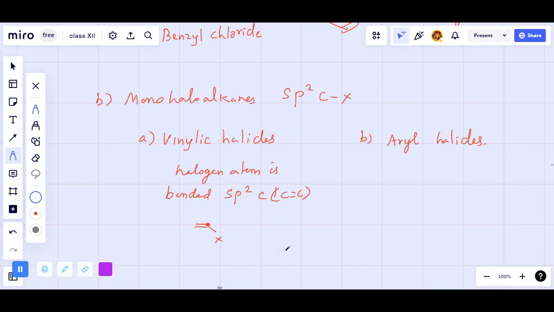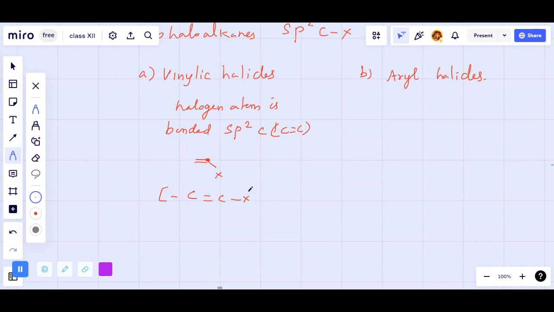Again, I'll give another example: C double bond C X. Suppose the compound is like this, the carbon bearing the halogen itself has the double bond. So that is vinylic halide.